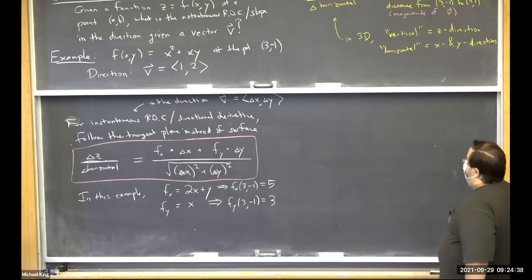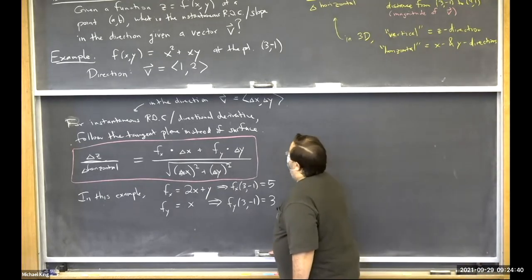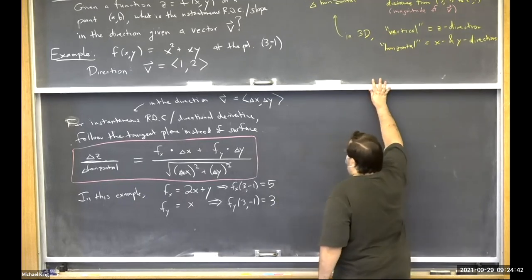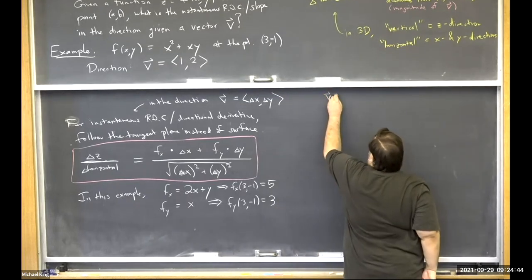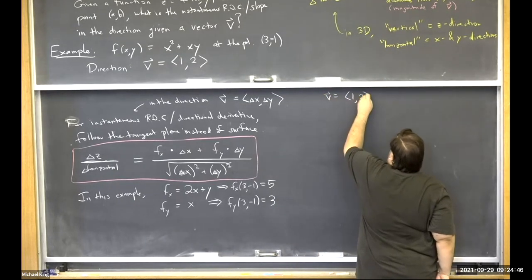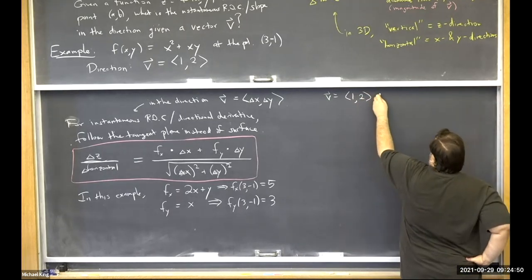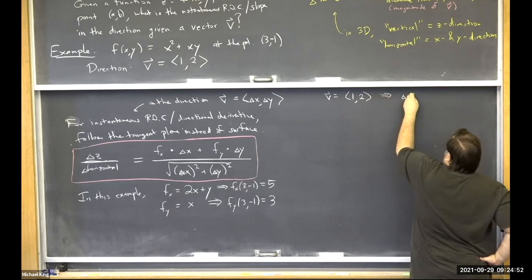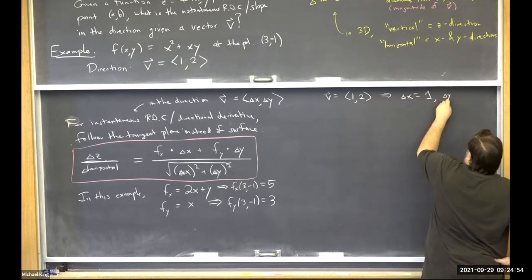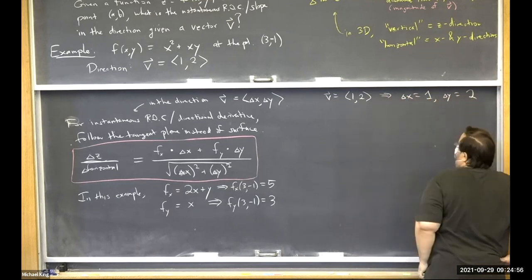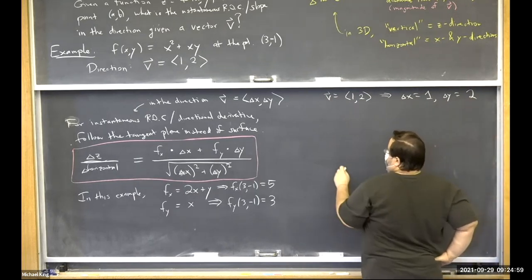Okay, and v is 1, 2, which I could also write as 1i plus 2j. So delta x is 1, delta y is 2.